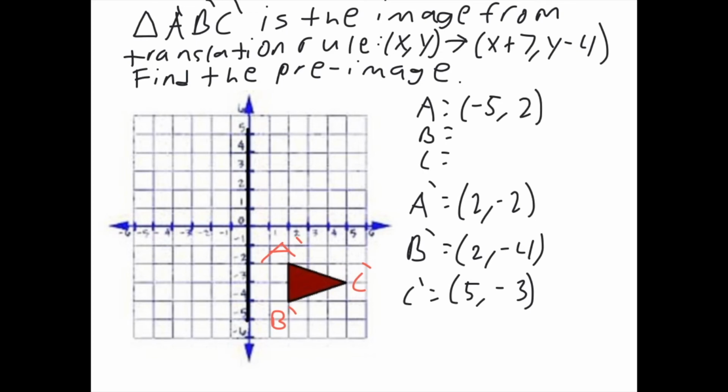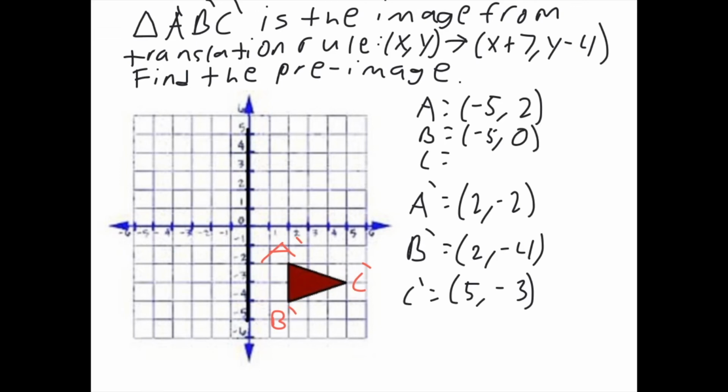And we do the same thing. We're just doing the opposite of what happened. So B prime was 2, so subtract 7 to get negative 5. And B prime's y-coordinate was negative 4. Add 4 to get 0.